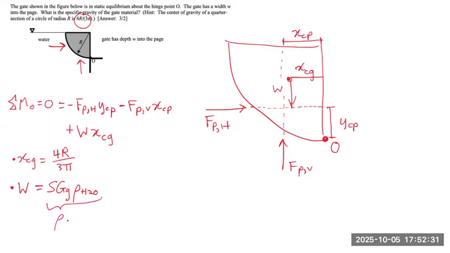I'll write it explicitly as rho G, which is the density of the gate. And density times gravity, or first, let's do density times the volume of the gate. So what is the volume of the gate? Well, we can find the volume of a cylinder first and then divide it in four, since the gate has a structure that three-dimensionally looks like this.